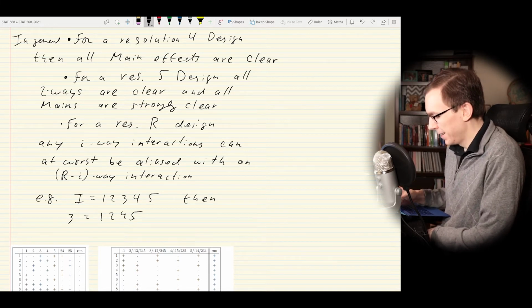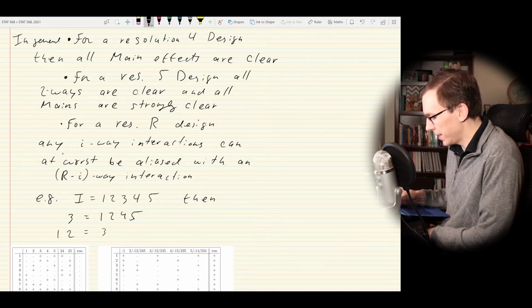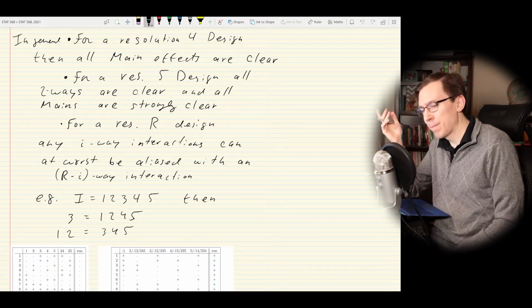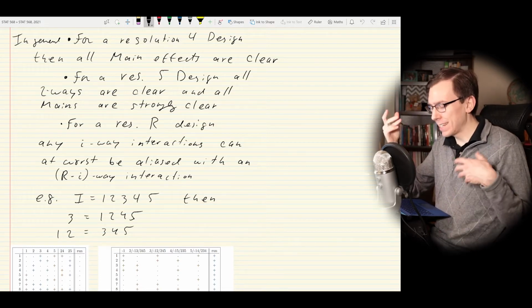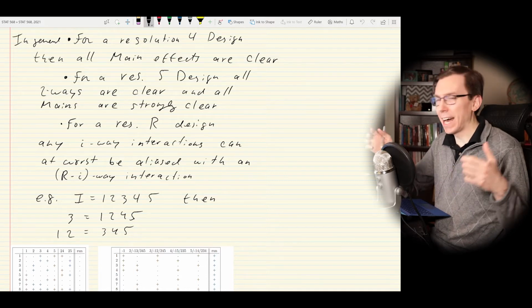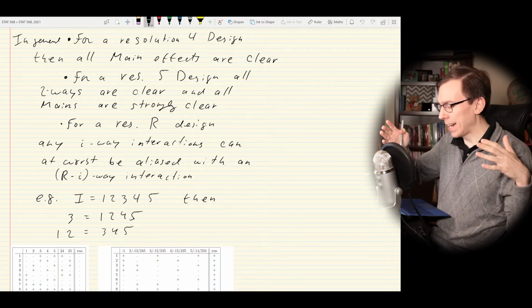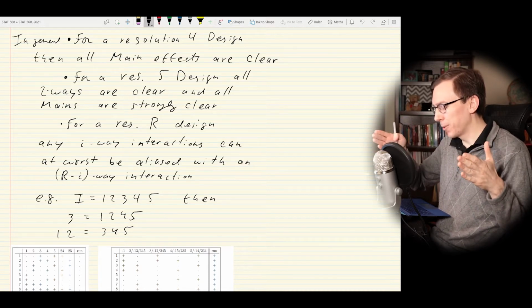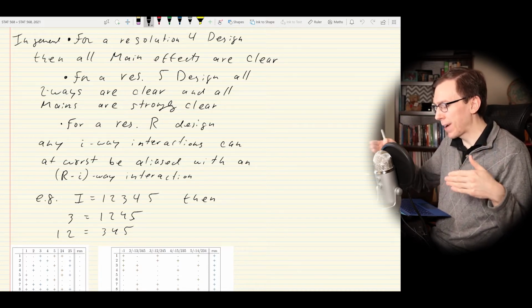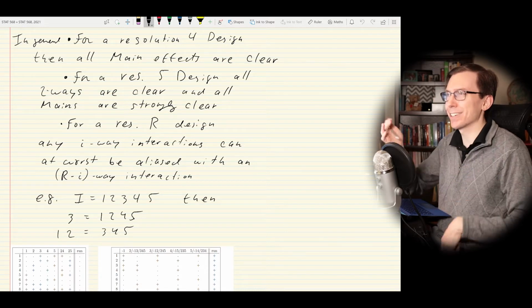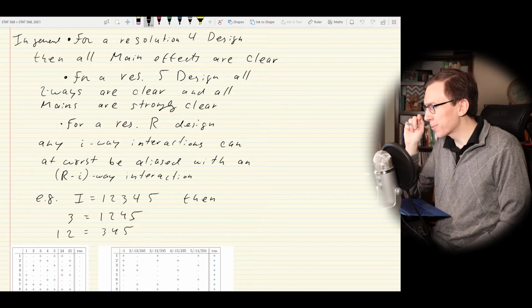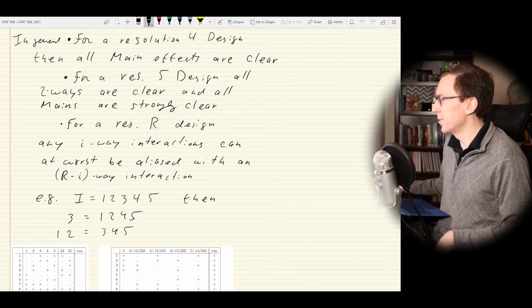If I take 1, 2, that's going to be aliased with 3, 4, 5. So it's aliased with a 3-way interaction and so on. So that kind of gives an example of what I mean: if I have an I-way interaction and I have a resolution R design, then at worst, we're going to have an R minus I-way interaction being aliased with our I-way interaction, which is kind of a strange sentence, but that's roughly the idea that I wanted to point out.